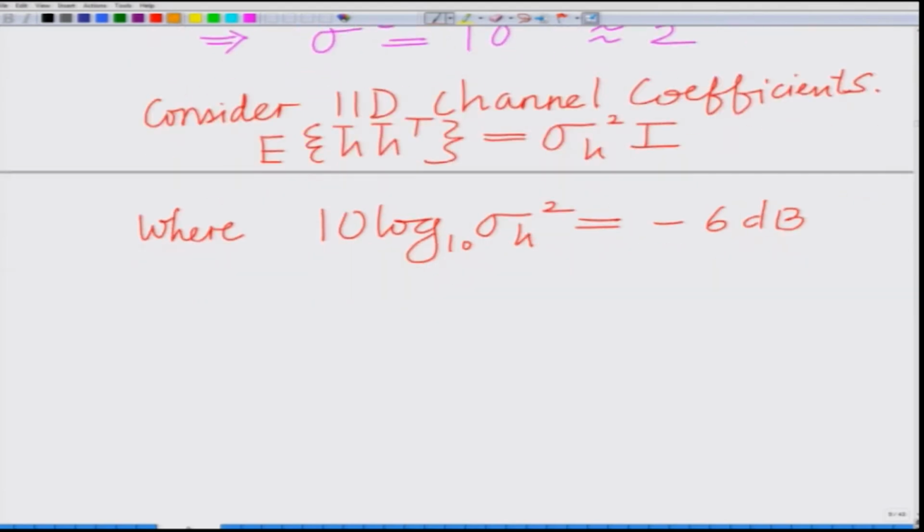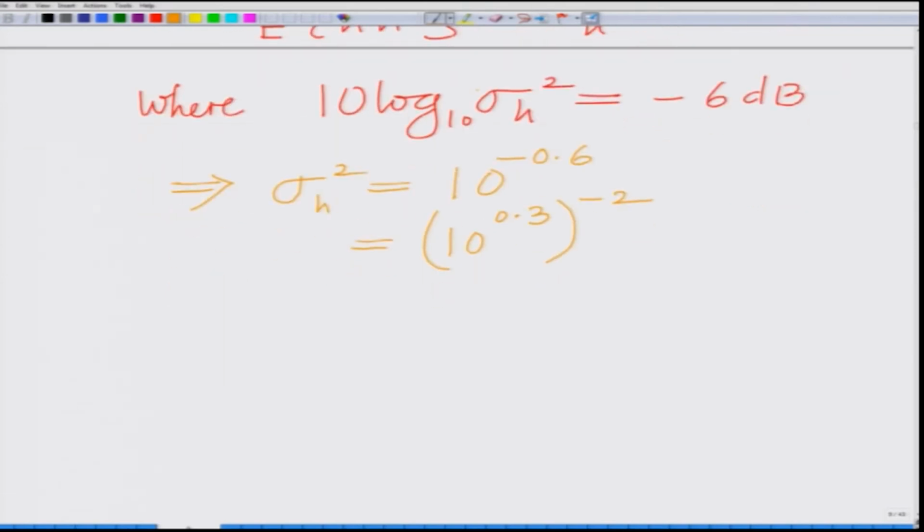Now, what does this imply? This implies that sigma h square equals 10 to the power of minus 0.6, which is equal to 10 to the power of 0.3 whole raised to the power of minus 2, because we know 10 to the power of 0.3 is approximately 2.